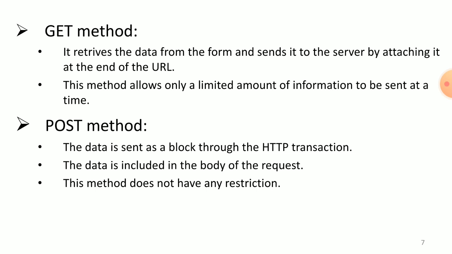The data is sent as a block through the HTTP transaction, Hypertext Transfer Protocol transaction, and the data is included in the body of the request, and this method does not have any restrictions. That means all information is going to be sent, very easy in the post method.